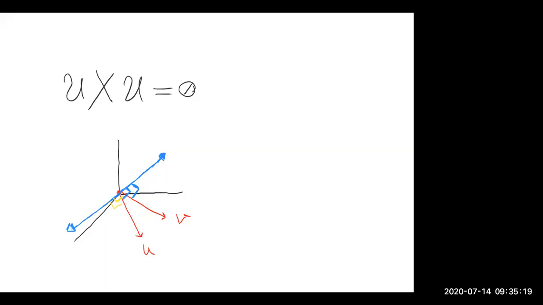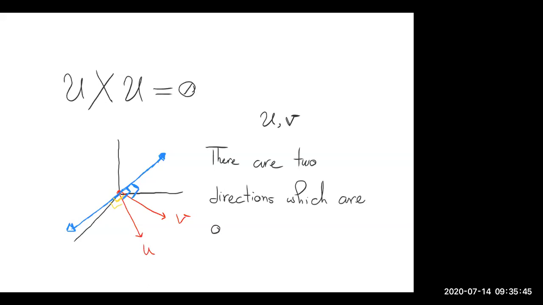So does it make sense? For given 2 vectors u and v, which are not in the same direction or parallel, there are 2 directions which are orthogonal to both u and v.